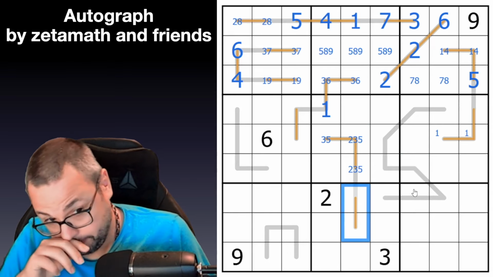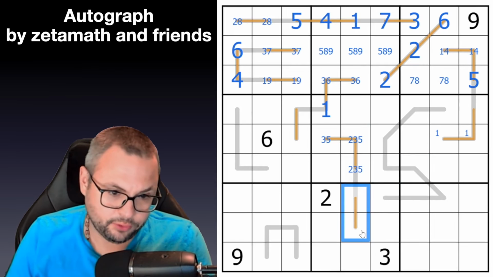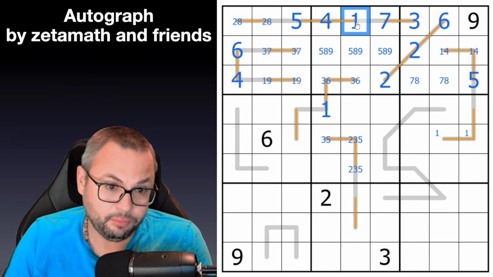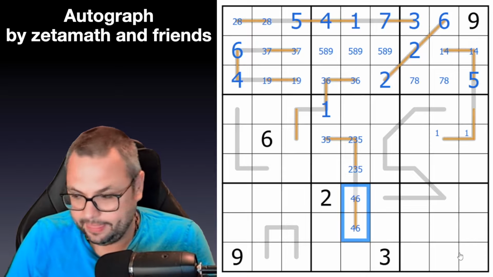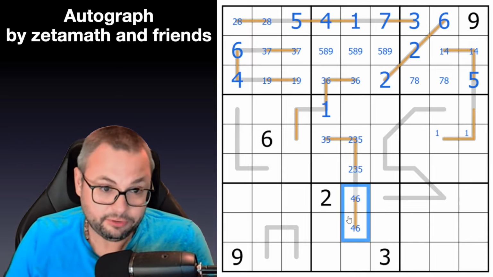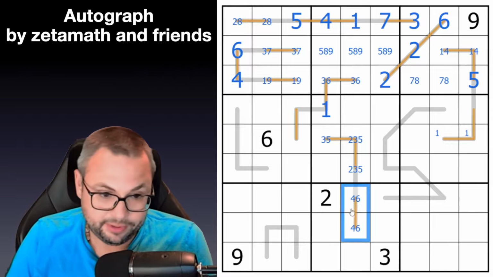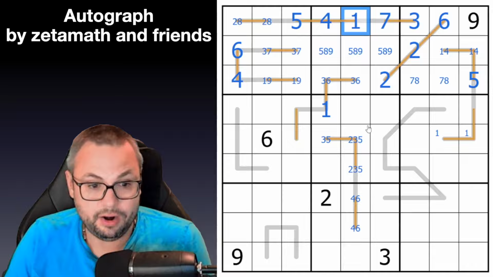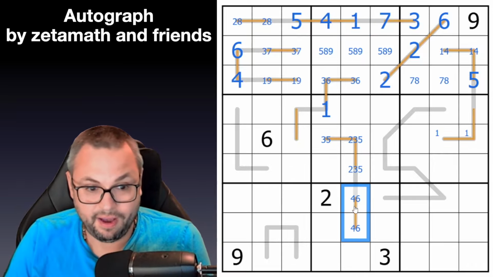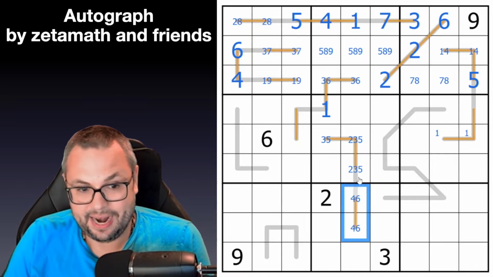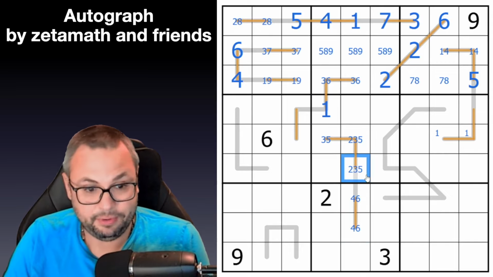This is 4-6. I mean, I don't know if it's going to help, but this is 4-6 because it's not 2-8, 3-7 or 1-9. I could have actually worked that out by asking what the minimum these could sum to was. Once that 1 was there, these were a minimum of 4, 5. And then if I added that one, it was a minimum of 11 because that one couldn't be 1.